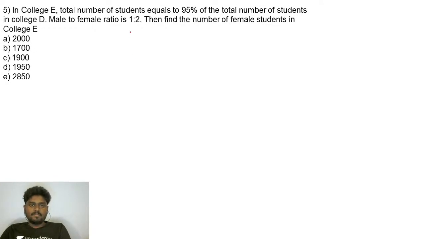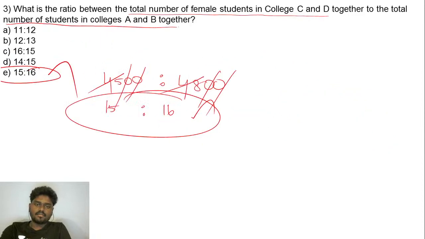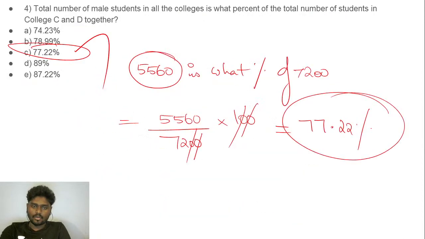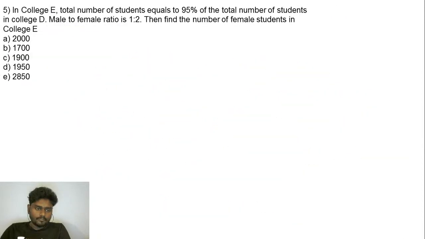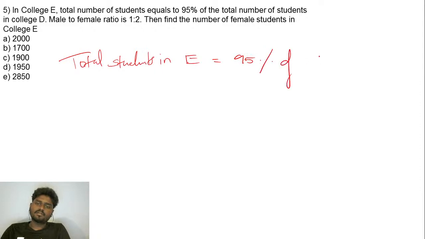First of all, let me find the total number of students in college D. College D is 3,000, right? And I know that the total number of students in college E is 95% of the 3,000. 3,000 is the total number of students in college D. What can I do here?